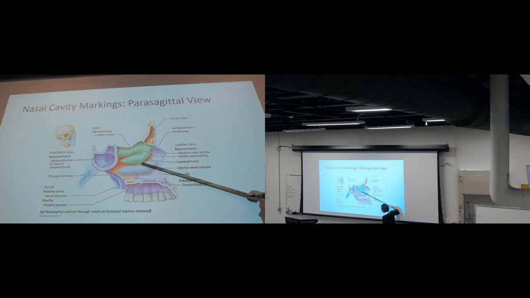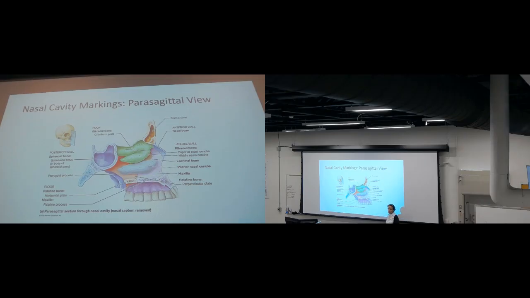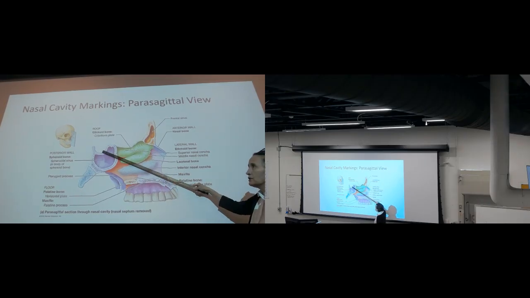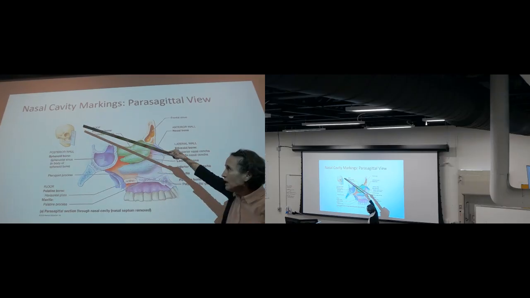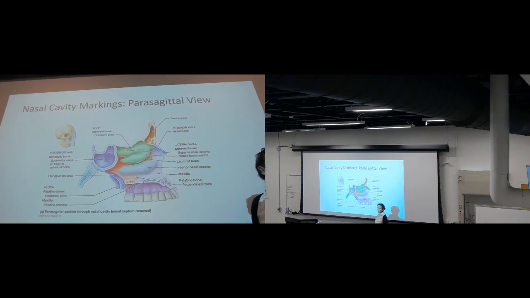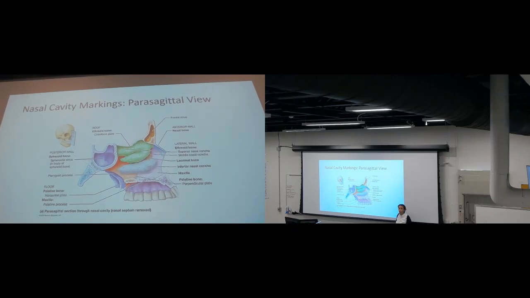Or do you think it will be easier to perform a surgery through the nose, break this part of the body of the sphenoid, and then go through the sinus and then reach the pituitary gland? Which is much easier? Go through the nose to reach this pituitary gland, or go through here? Go through the nose. I see you doing this.